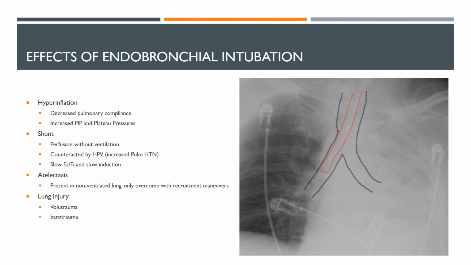It becomes extremely present in the non-ventilated lung, and we can only overcome that when we perform recruitment maneuvers, because it requires quite a bit more force to overcome those atelectatic alveoli. Lung injury can also result during endobronchial intubation. If we've set our ventilators with higher volumes, we can incur volutrauma, and we can also incur barotrauma when high pressures are utilized.